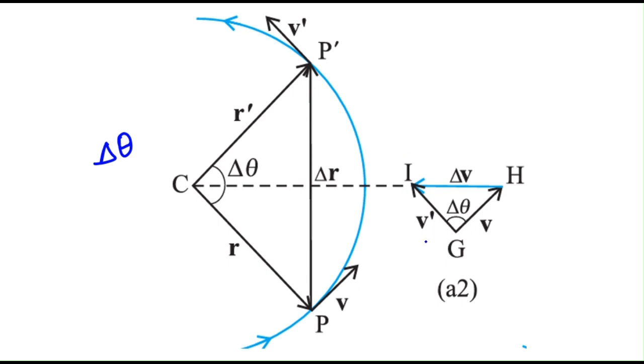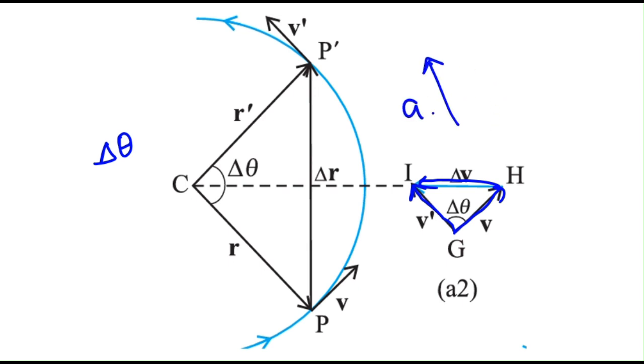So we have v prime, and then we can say this is the change in velocity. Along this direction was the initial velocity, and now the new velocity has direction along this. Then we can say this is the change in velocity. You can take it easily.